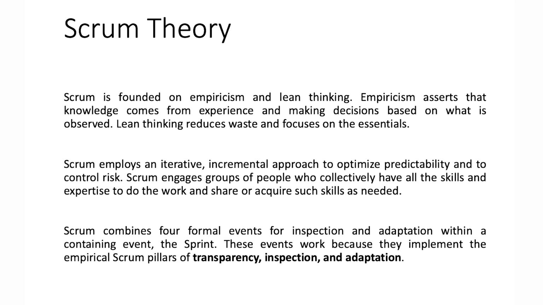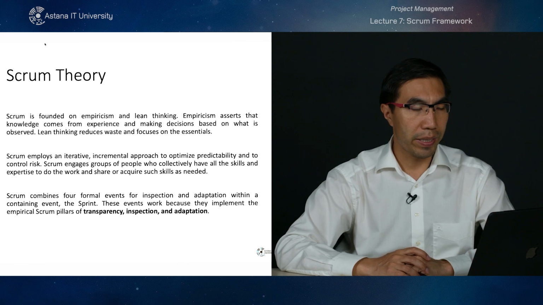Scrum is founded on empiricism and lean thinking. Empiricism asserts that knowledge comes from experience, from executing the project and making decisions based on what is observed. And lean thinking reduces waste and focuses on the essentials. Scrum employs an iterative incremental approach to optimize predictability and to control risk.